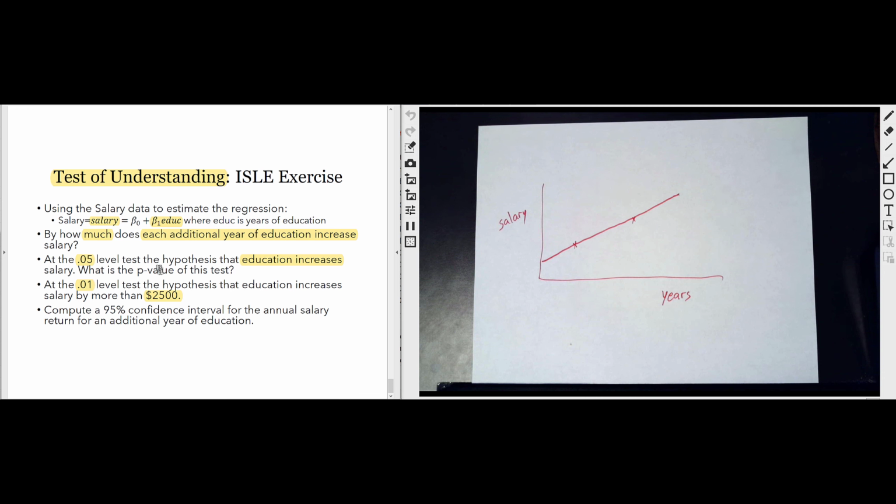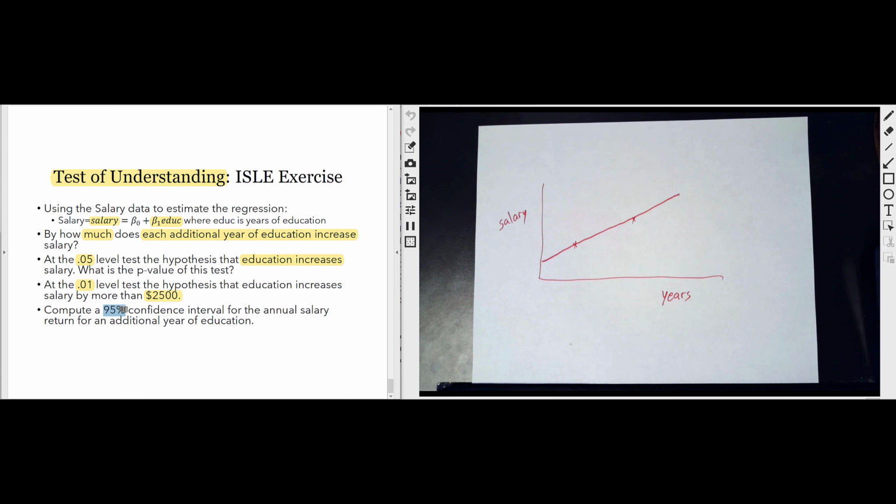Okay, now in this middle one, the 0.05 level that tests whether education increases salary at all, you can simply use the t-score directly from the table. In this next one, you're going to have to compute a t-score yourself and determine whether that allows you to reject the null hypothesis at a 0.01 level of significance.